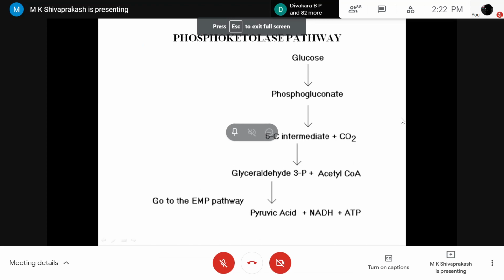Then the phosphoketolase pathway. In this pathway, a 5-carbon intermediate is also produced, and the key compound is phosphogluconate. And of course, the organisms which possess these alternate pathways, like the hexose monophosphate pathway, phosphoketolase pathway or Entner-Doudoroff pathway, make use of them along with the EMP pathway.